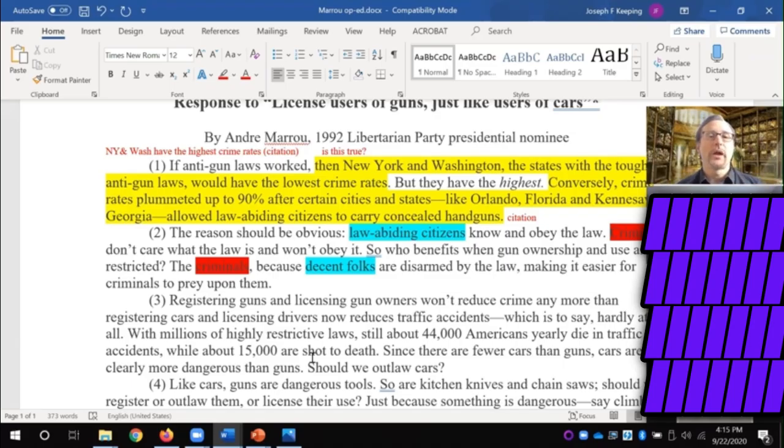Is there something problematic about this reasoning or this way of speaking? Well, it sounds like there are two classes of people: the people who commit crimes, the criminal people, and then the decent people who don't commit crimes. But that's not an accurate description of reality.